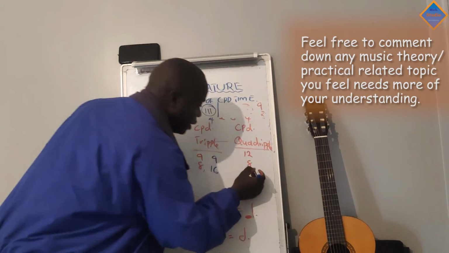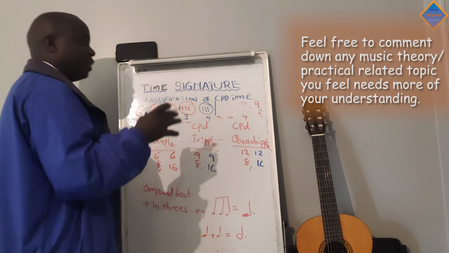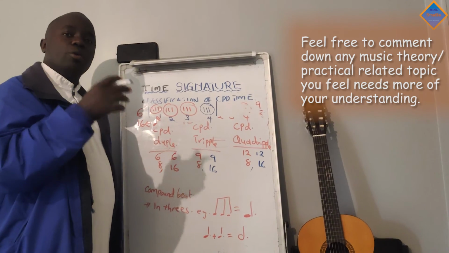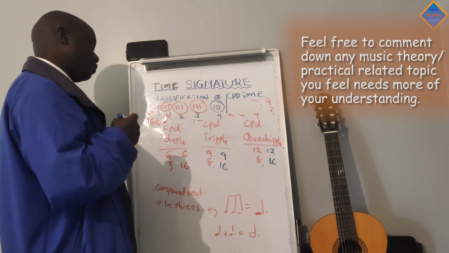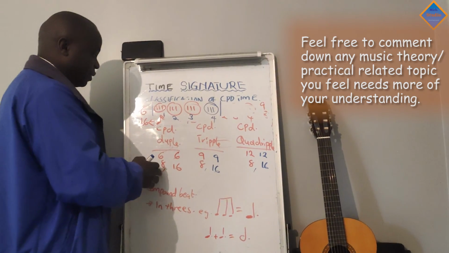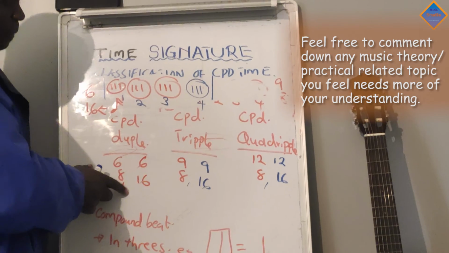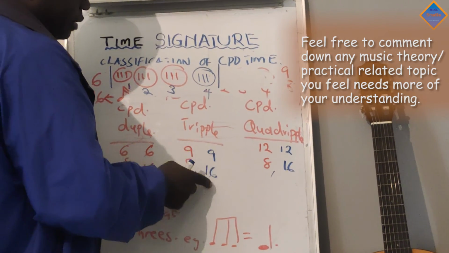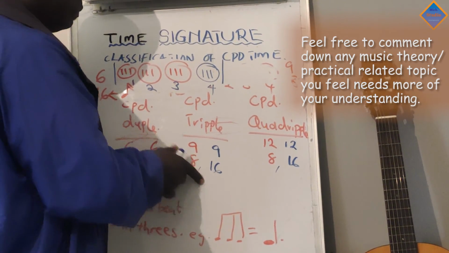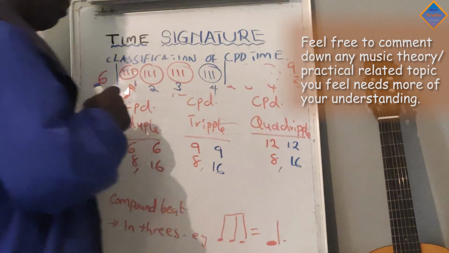So it will be 12/16. So 12/16 is an example of compound quadruple time. So we have 6/8 and 6/16 under compound duple, 9/8 and 9/16 under compound triple, 12/8 and 12/16 under compound quadruple.